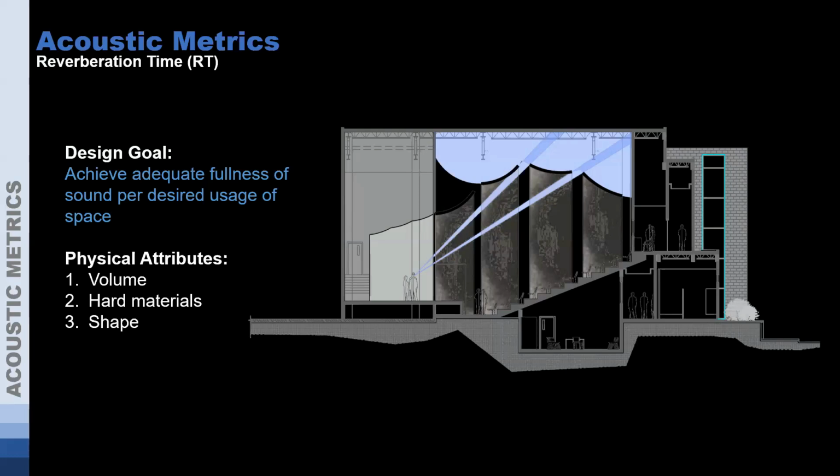so you need to tune the room. Some of the things to keep an eye out for are that reverberation is dependent on the room volume, the materiality, whether these are reflective materials or absorbent materials, as well as the shape and shaping of the room. It all plays a role in what that reverberation time is.